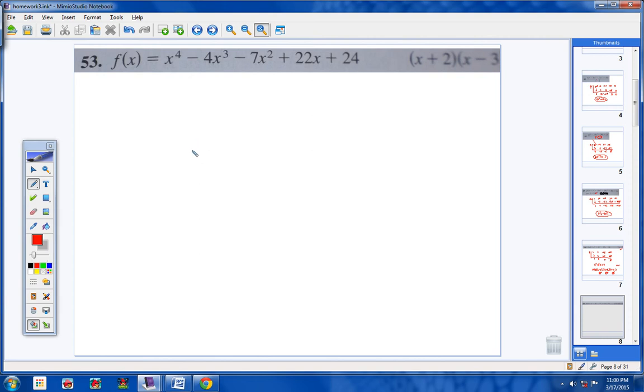Now it looks like we're doing the exact same thing for 53. Now students, they give us two factors, so the 0 for this factor is negative 2, the 0 for this factor is 3, so I'm going to start off with negative 2. Letter A says to confirm that these are factors, so 4, 3, 2, 1, whole numbers, so no missing terms.